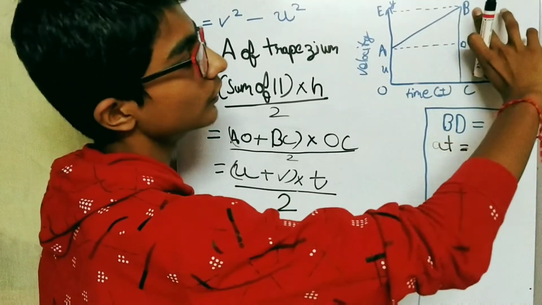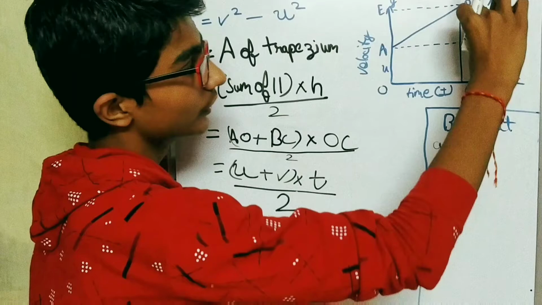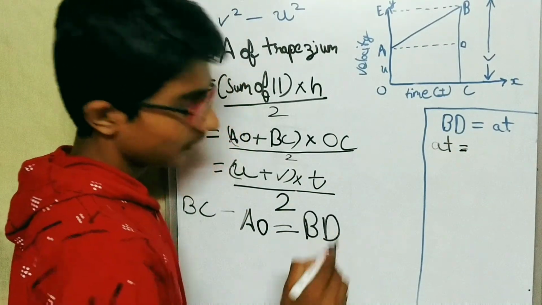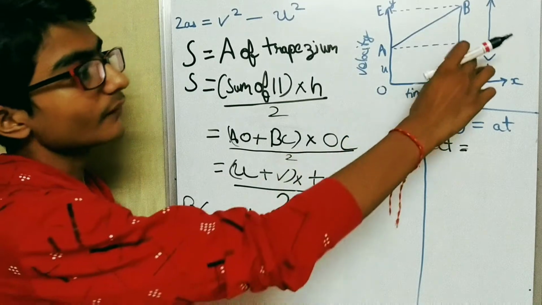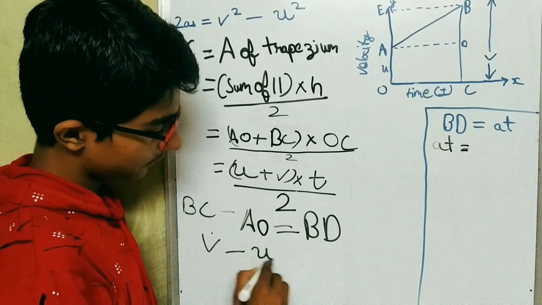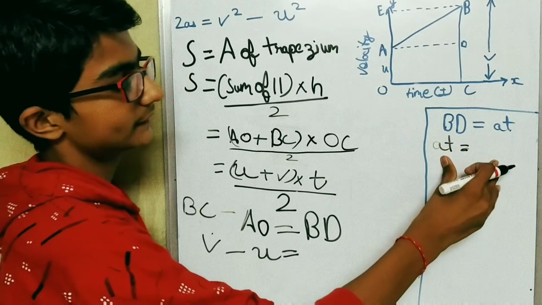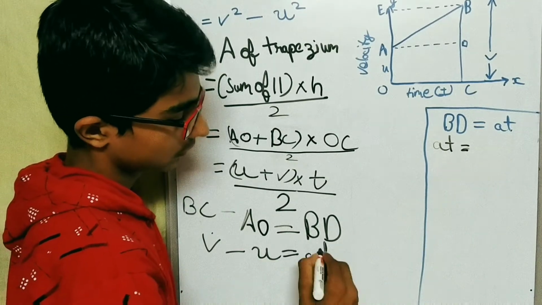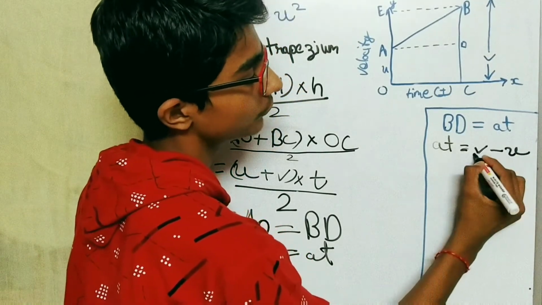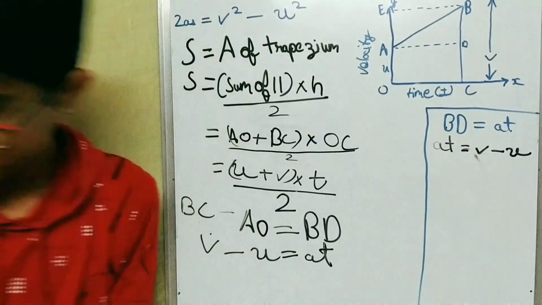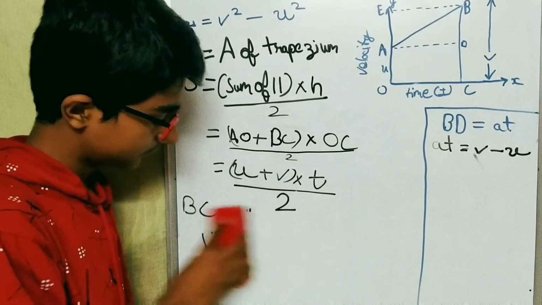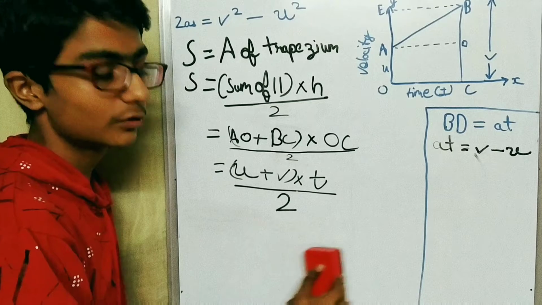BC is this whole, minus this AO, is this BD. So that is v minus u. So at is equal to v minus u. This was a simple thing, but it may take time to understand.